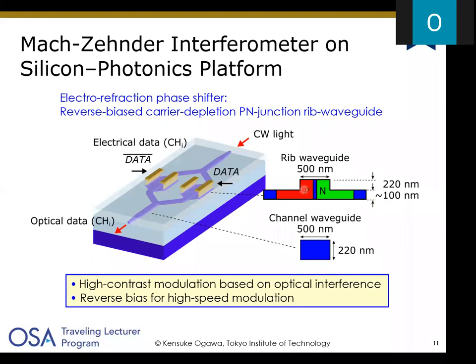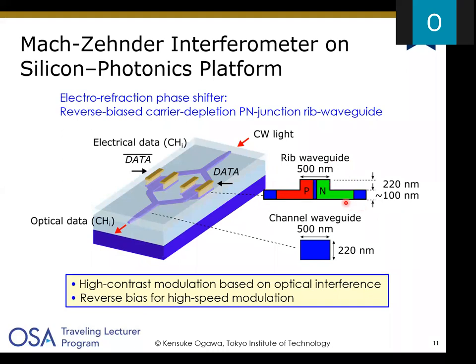You see the rib waveguide with dimensions like this. It is a very tiny nanometer-scale waveguide with rib wings to apply the electric signal voltage for the modulation on each wing of the rib waveguide.